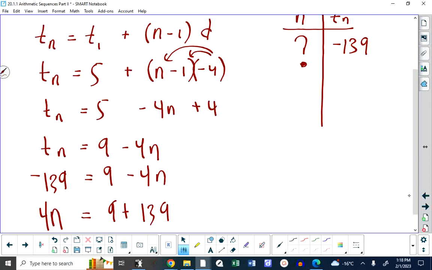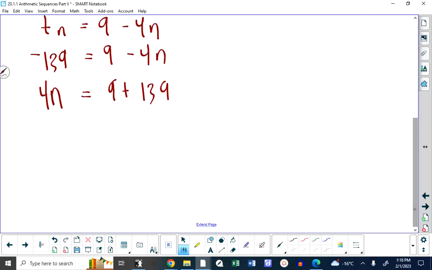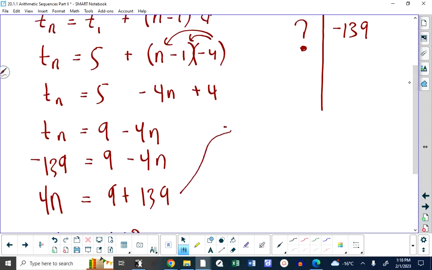There's actually a word for this in mathematics. It's called transposition. When you take a term on one side and you move it to the other side, we transpose it. So I end up with 4n. And remember what I said, you should be working down: equals 148. If you want to work side to side, it's okay to do this.